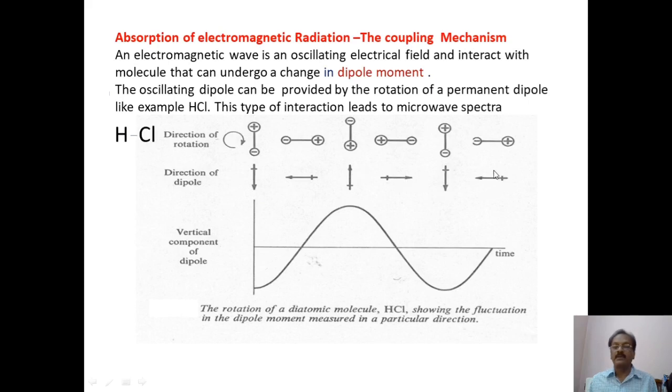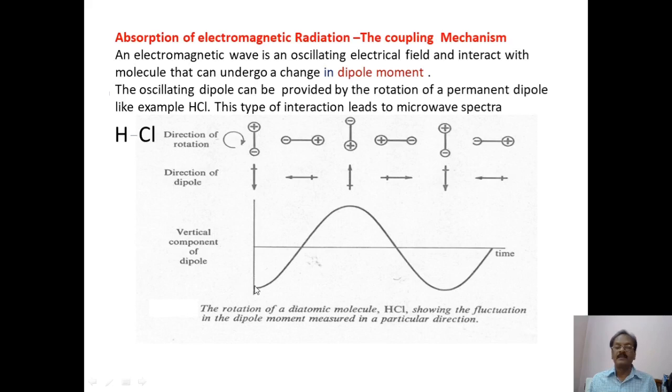So this type of rotation causes a change in the dipole moment, and during the change in dipole moment, we can see the interaction of the microwaves of the electromagnetic spectrum with that molecule. This is how we can represent rotation of the dipole molecule.